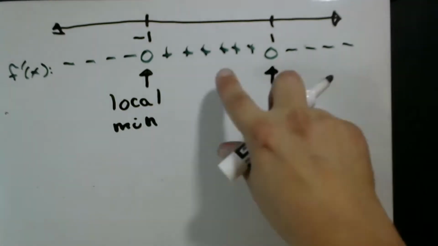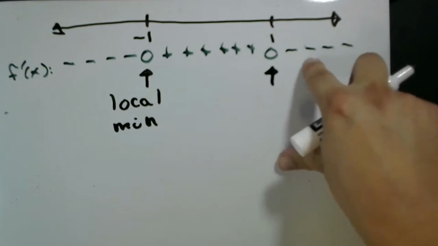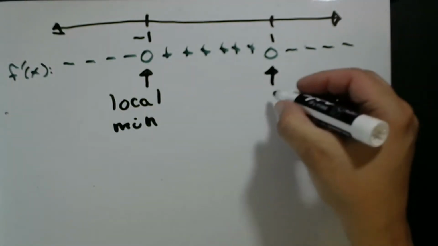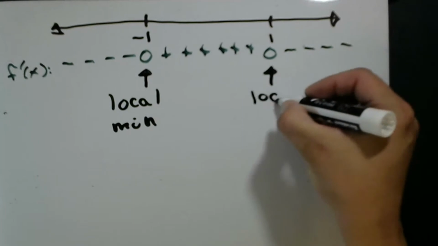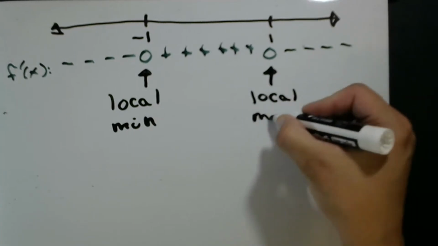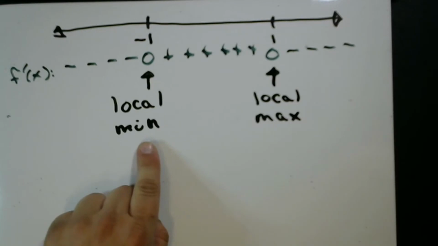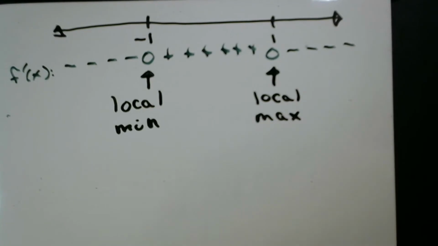And when you have positive then negative with 0 for your critical point, that means you have a local max. So it looks like we have a local minimum here and a local max here.